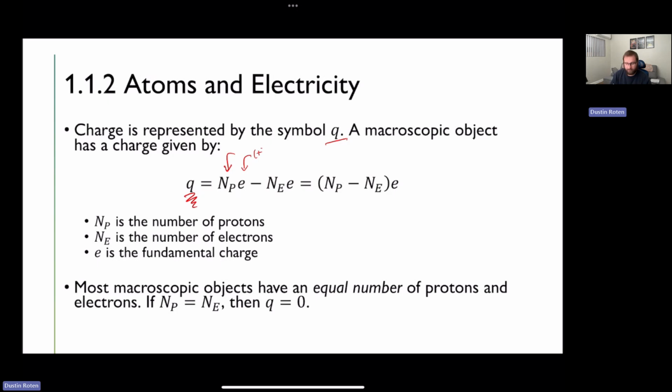Then we subtract off, take the difference, the negative amount that's canceling out the protons. So we count up the negative electrons, n sub e, and multiply by their magnitude, the fundamental charge value. Essentially all we get is the difference in electrons and protons, multiplied by that fundamental charge constant.